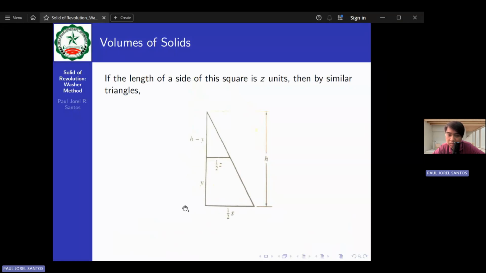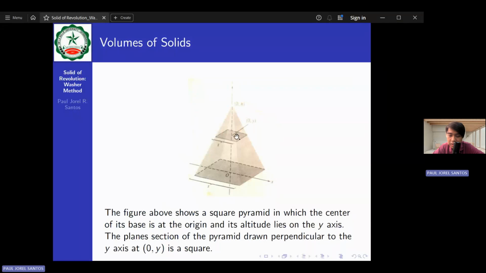Same goes with this. The whole base of the pyramid is represented by s, so its half is one half s. Also recall, the height of the pyramid is h, so the whole thing here is h. And the distance between the base and the plane region is denoted by y, because the plane region intersects the y-axis at (0, y).